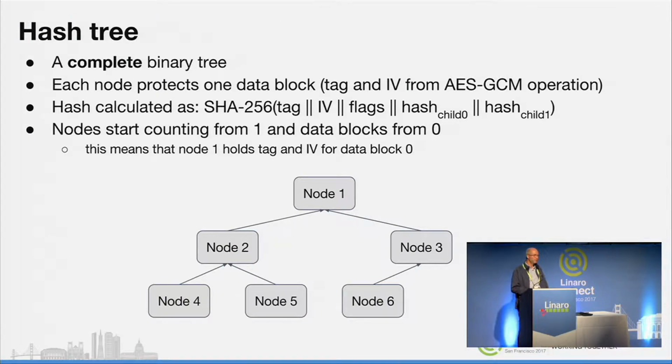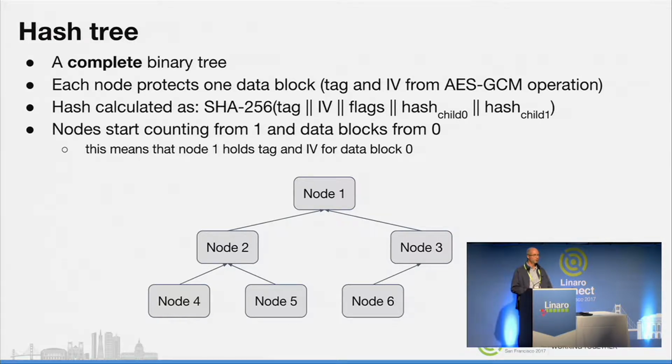So the hash tree, this is where it's starting to get interesting. It's a complete binary tree, meaning that all the higher levels in the tree are full, and we fill from left to right, so there are no gaps. If you have node 6, you always have a node 5 also.